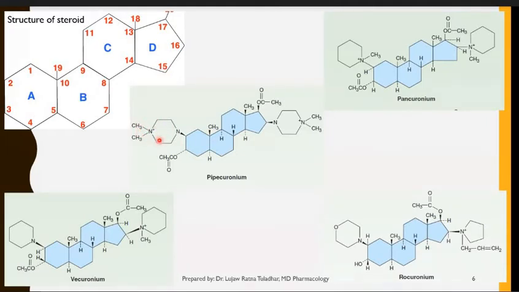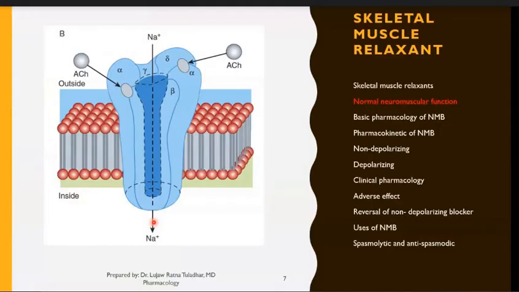If you see nitrogen, it is a plus charge. Similarly over here, it is plus, and here we are seeing a plus charge. This all makes this drug a very charged, polar particle, because of which the drugs are not easily able to cross the blood-brain barrier. It tends to remain in the circulation only.